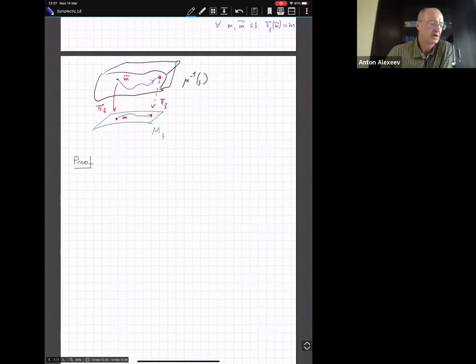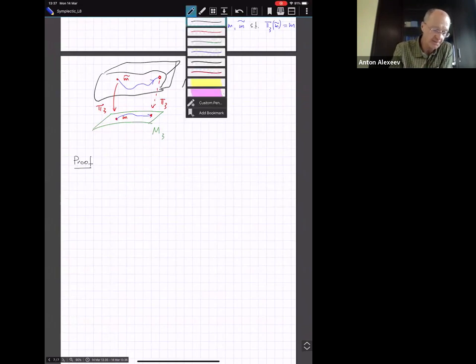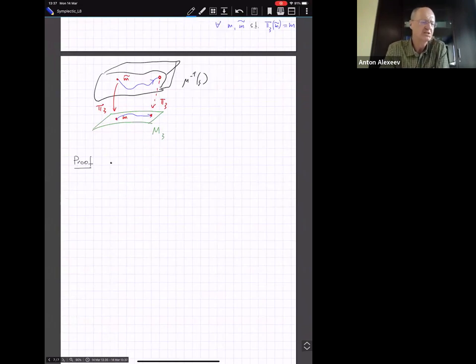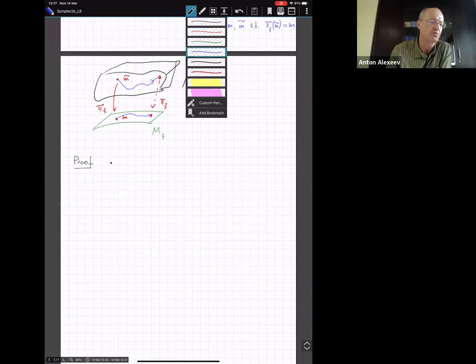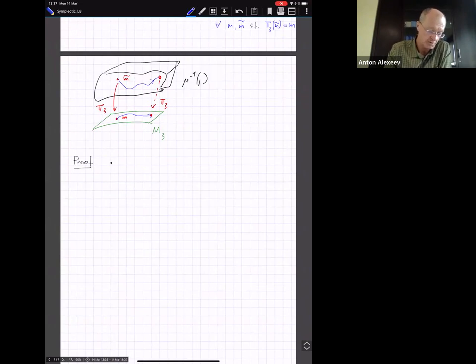So let me give you a proof. First of all, you're right, it's a version of Noether's theorem, especially the first point. Suppose I apply VH to the function given by the pairing of mu and x.